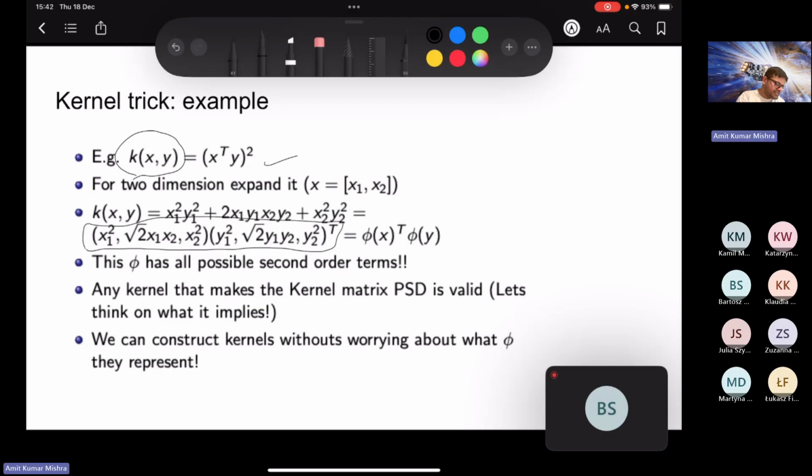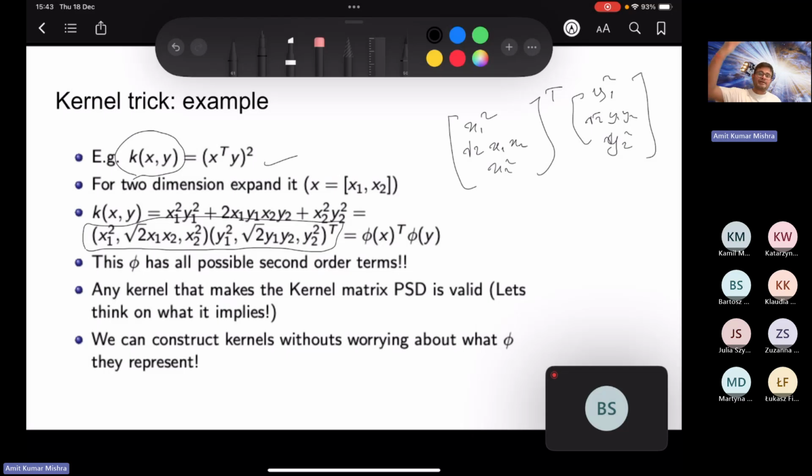Now, what is this exactly? So this is [x1 square, square root 2 x1 x2, x2 square] transpose times [y1 square, square root 2 y1 y2, y2 square]. So it is as if you have taken both x and y to a higher dimension.